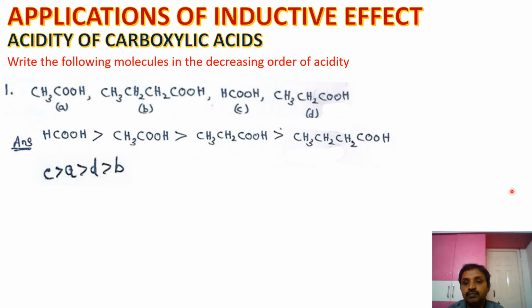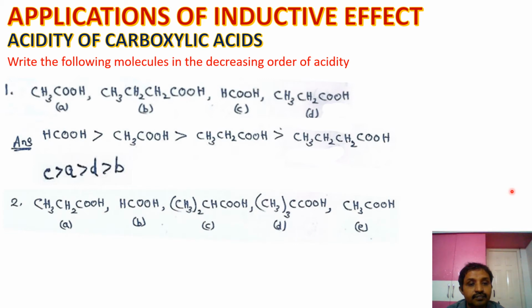Now the next example: here propanoic acid, formic acid, and here the alkyl group is increased. The same concept applies: as the alkyl group increases on the alpha carbon atom, when the hydrogen atom is substituted by alkyl groups, the acidic nature decreases.